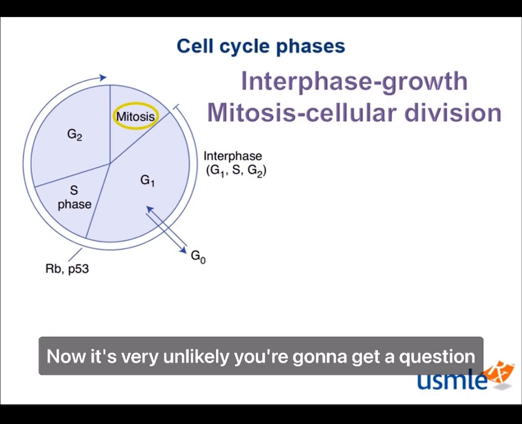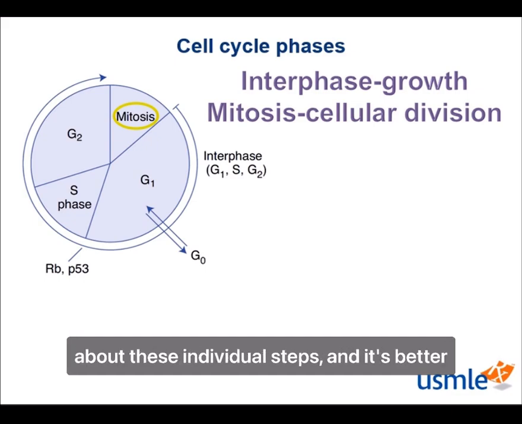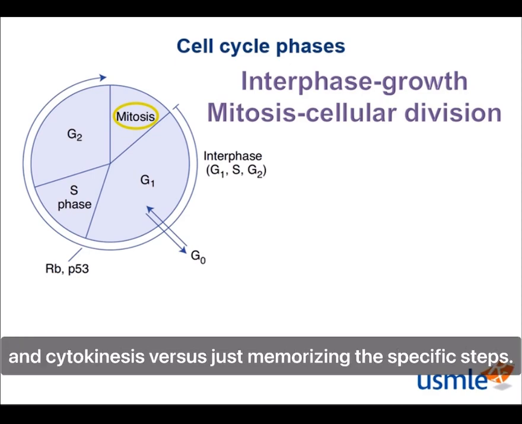Now, it's very unlikely you're going to get a question on your board exam that specifically asks about these individual steps, and it's better to cohesively understand what happens in mitosis and cytokinesis versus just memorizing these specific steps.